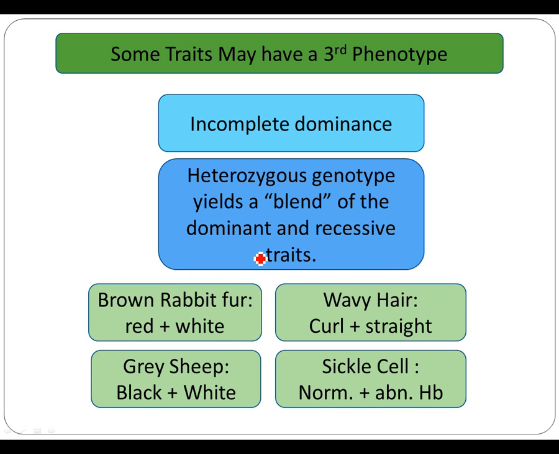This one's a heterozygous, so the third phenotype is brown, not white or red. So, okay on incomplete dominance? It's just a blending of the characters.